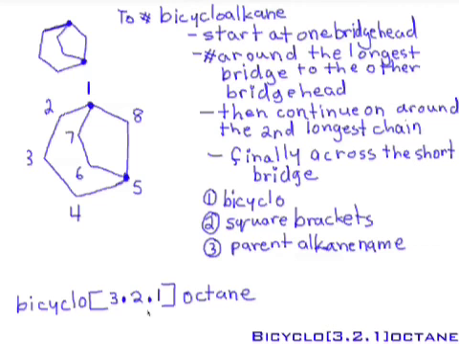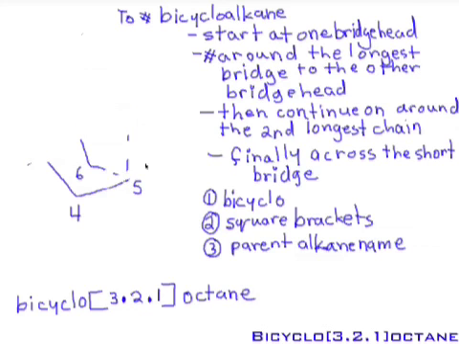What's interesting is when given this name, it's very easy to draw the alkane. Suppose you were given this name. How would you generate it? Not hard at all. Bicyclos have 2 bridgehead carbons, so here are my bridgeheads. 3,2,1 means 3 carbons, 1, 2, 3.